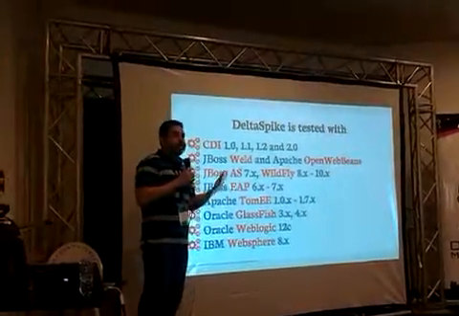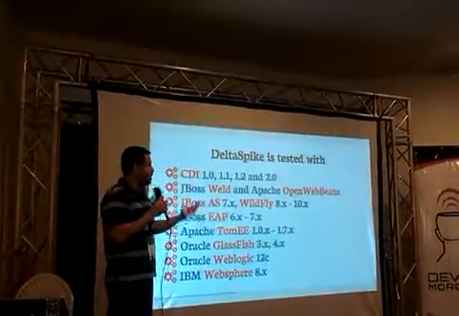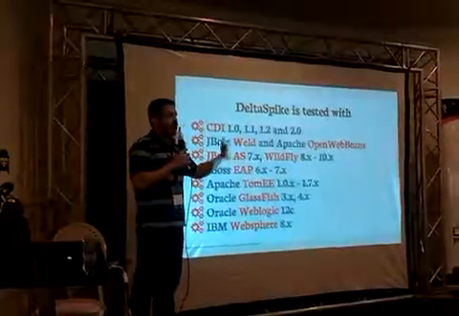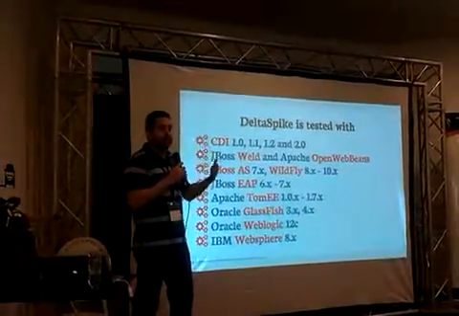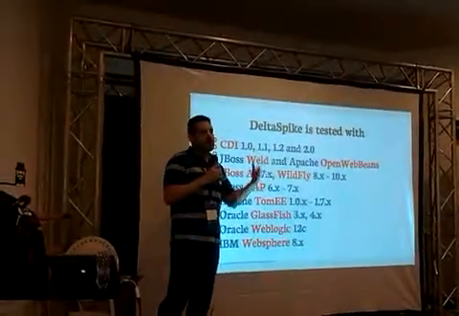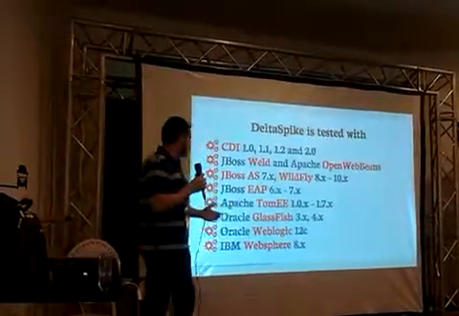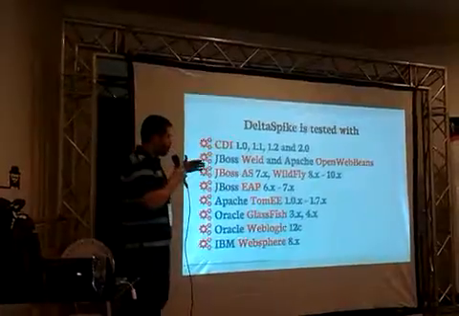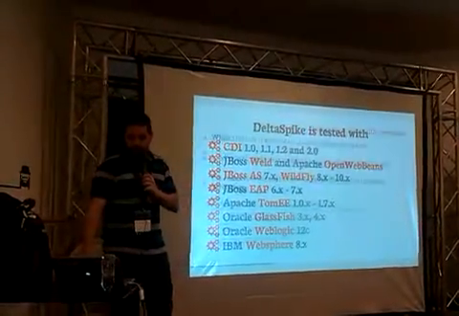CDI 2.0 is being developed, and DeltaSpike is already using it to test, to be sure that once CDI 2.0 is released, DeltaSpike will be working with it. And also with a lot of different application servers and different versions of them.